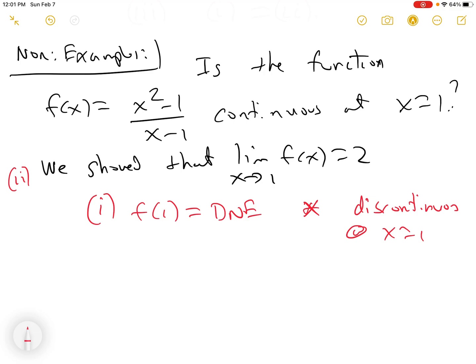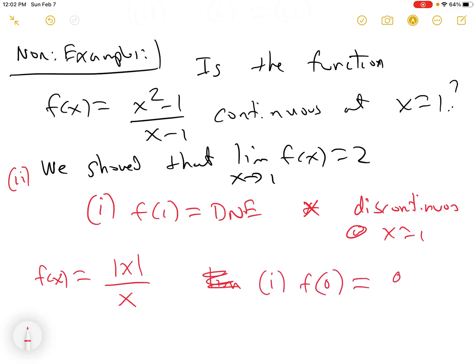Okay, how about another non-example? Let me think really hard. Let f of x be the absolute value of x over x. First of all, what's f of 0? It's 0 over 0 and it does not exist. So the function is discontinuous.